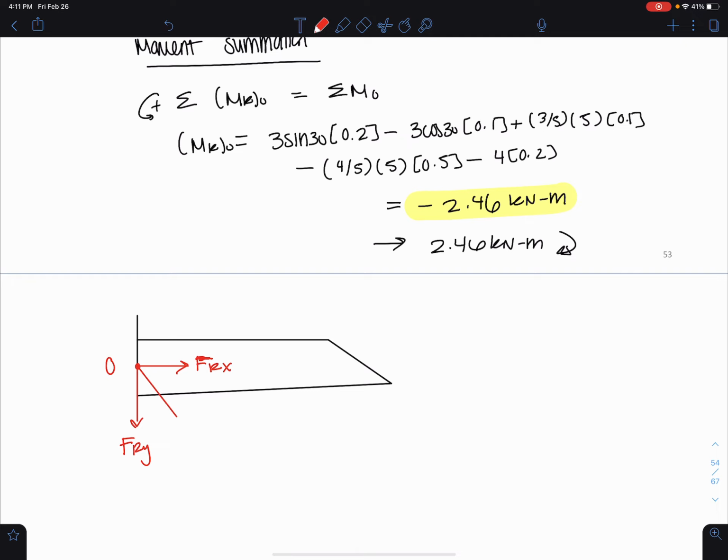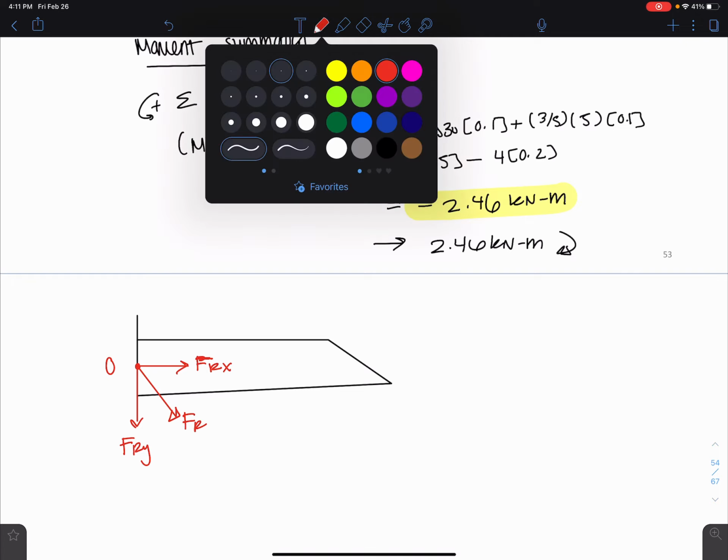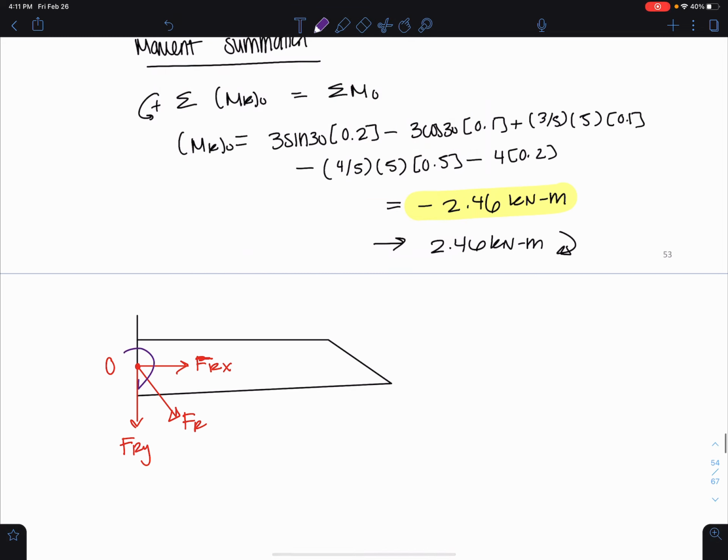I have my total resultant, and I have the moment about point O, and we know it's in the clockwise direction. That would be my MRO. And this here is my total resultant, what I've been trying to solve for.